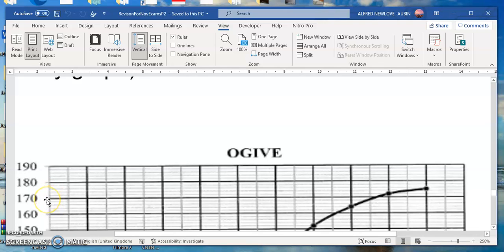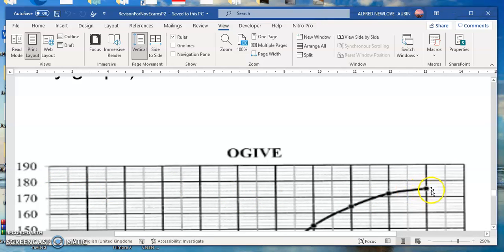So if it is 170, 172, 174, 176, 178, 180. Do you see?